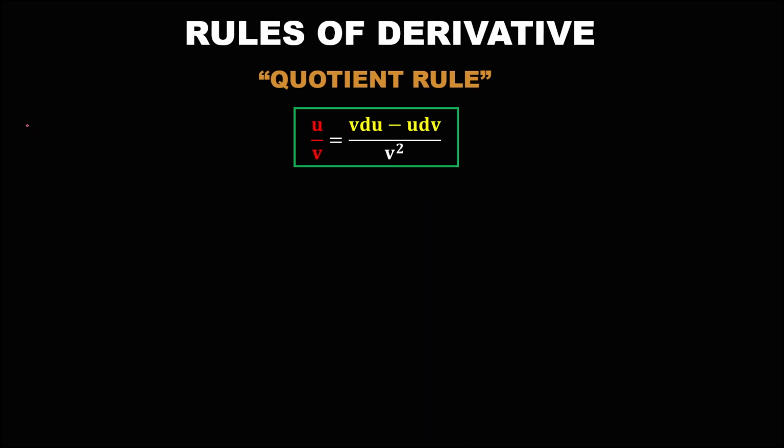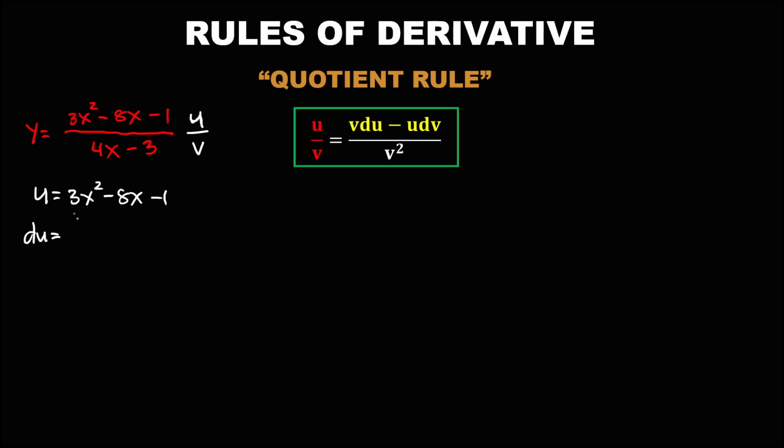Then if we have this given, y equals 3x squared minus 8x minus 1, then over 4x minus 3. To find the derivative, this is a quotient rule. So we have u over v. u is equal to 3x squared minus 8x minus 1.